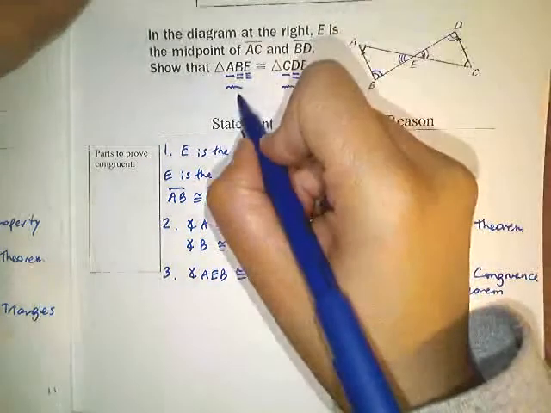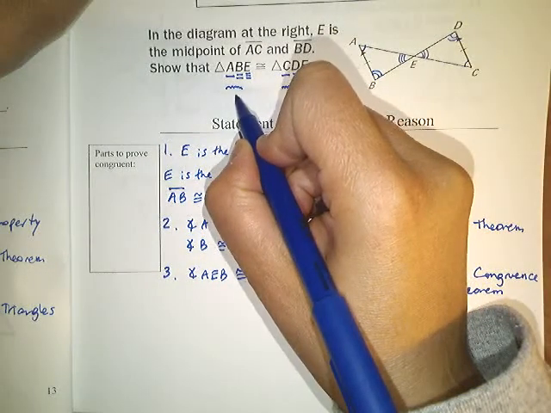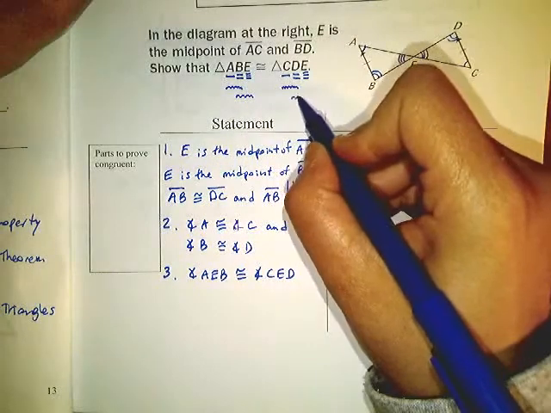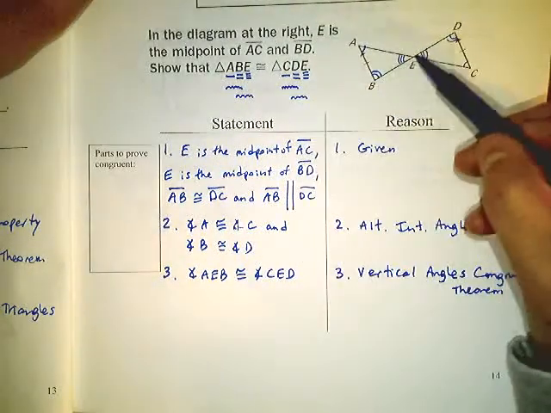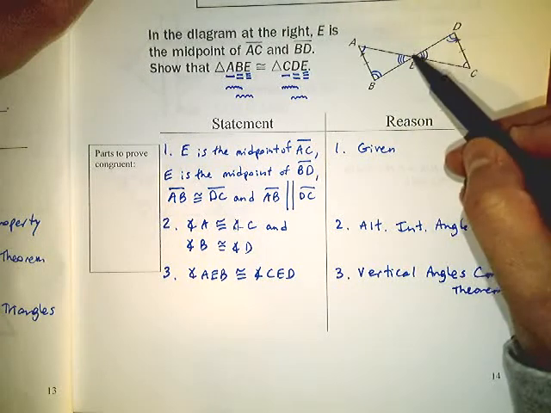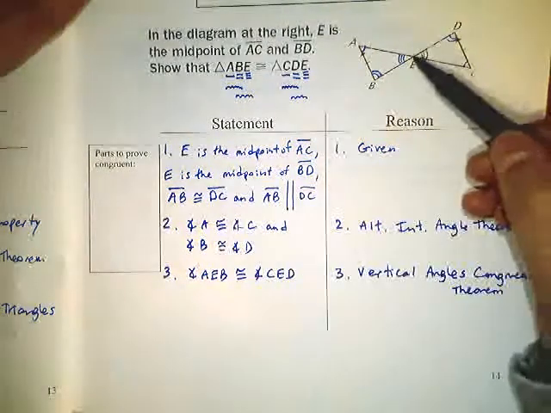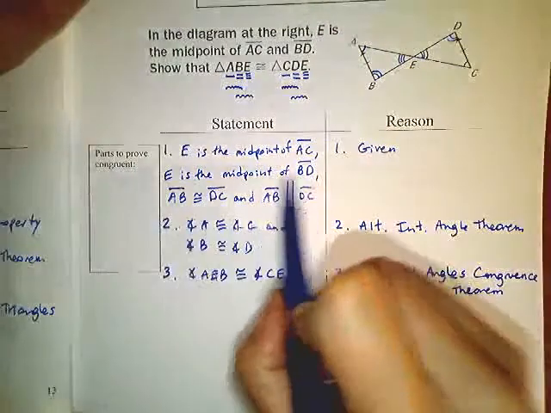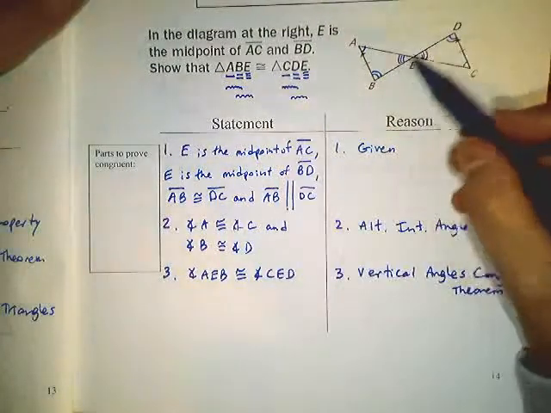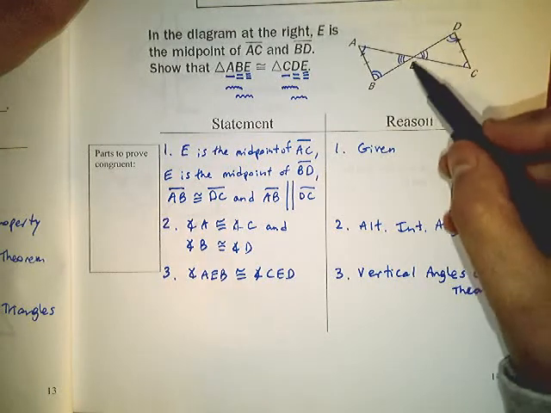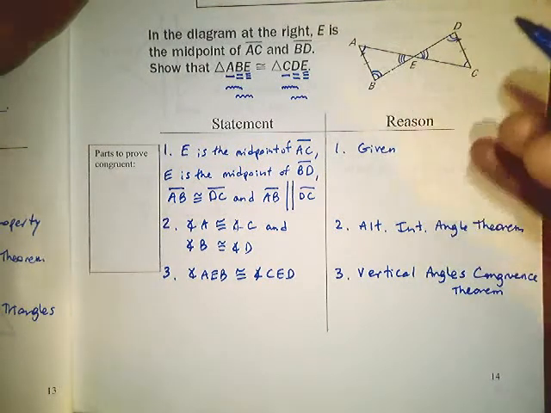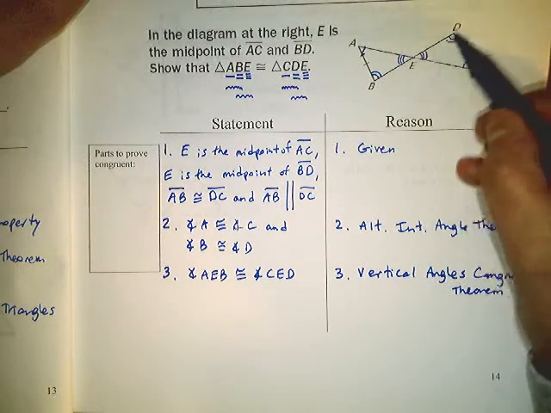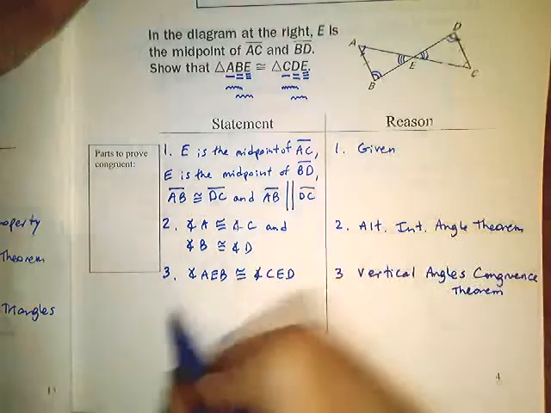So how about this one? What if I want to state that BE is congruent to DE? So BE and DE would be these two. Well, since I know that E is exactly the midpoint between B and D, that was stated right here in our given, then I know that because of that whole concept of what a midpoint is, that this length right here on this side and that length right there on that side would have to be the same.